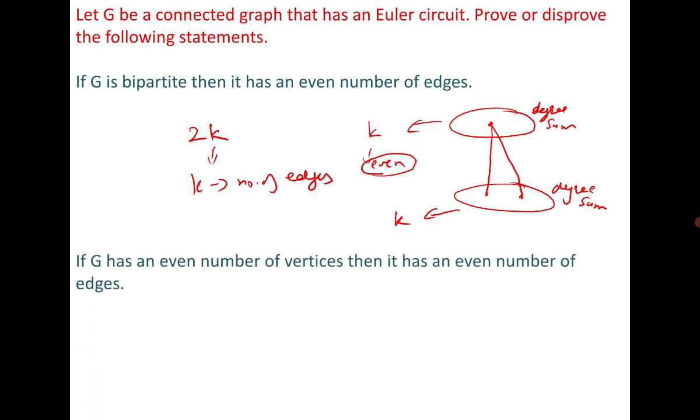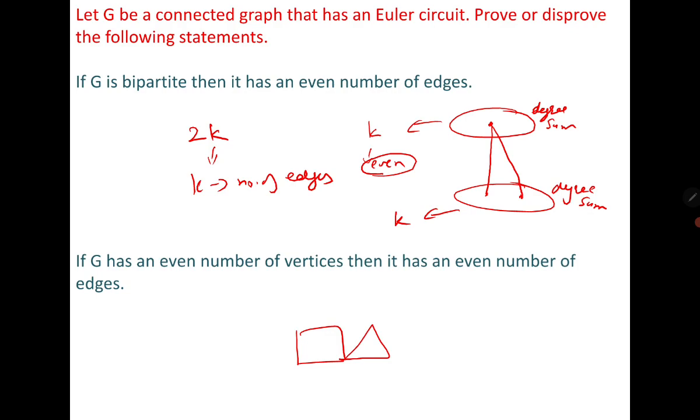If G has an even number of vertices, then it has an even number of edges. Again, think, is it true or not? So it's false. Let me give a counterexample. Even after getting the answer that it's false, please try to produce the counterexample by yourself. So this is one of the counterexamples.